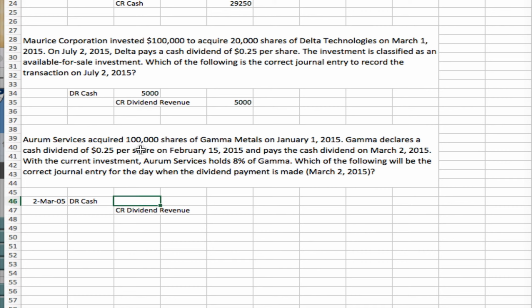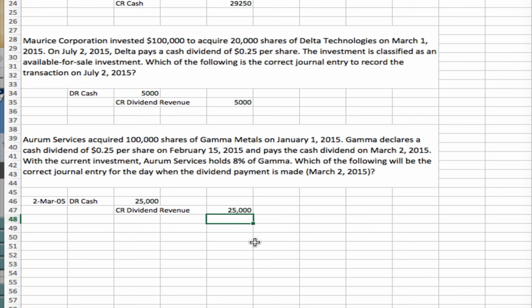So now instead of 20,000 like we had up here, we're going to have 100,000 times 25 cents, or in this case, that is just 1/4 of that, or $25,000. And the same for dividend revenue.